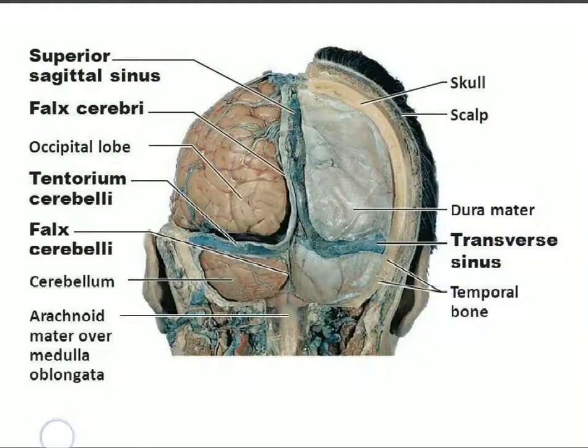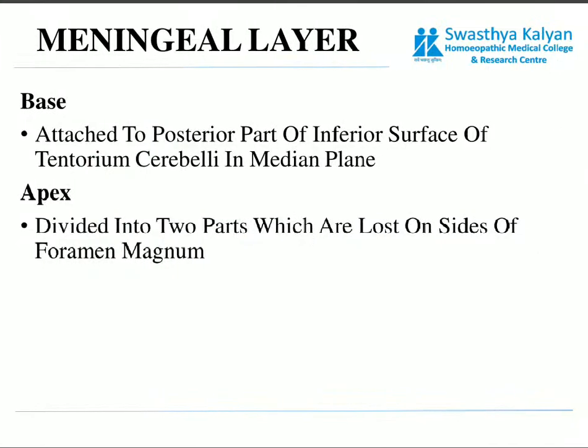So this is the falx cerebelli projecting into the posterior cerebellar notch from the inferior surface, posterior part of the tentorium cerebelli. It arises with its base attached to the posterior part of the inferior surface of the tentorium cerebelli in the median plane, and the apex divides into two parts, and they are lost along the sides of the foramen magnum.